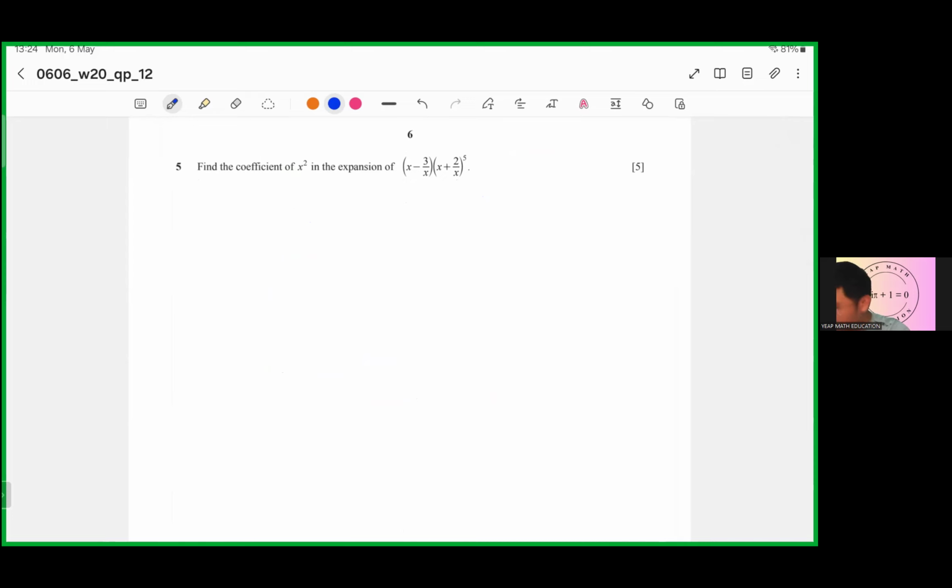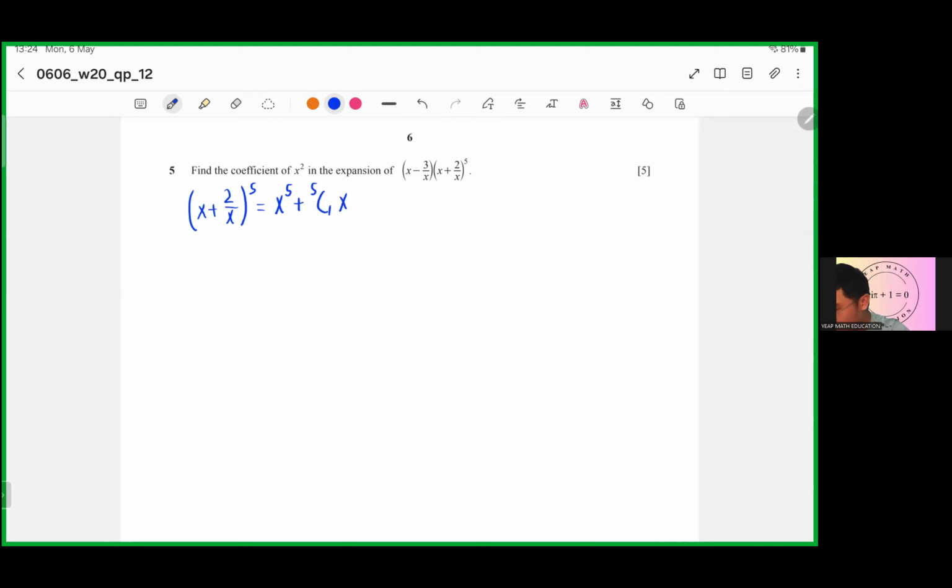So first, for this part, you don't need to find all the terms. You just find 3 or 4 terms only. So we take x to the power 5, plus 5C1 x to the power 4 times 2 over x, plus 5C2 x to the power 3 times 2 over x squared.